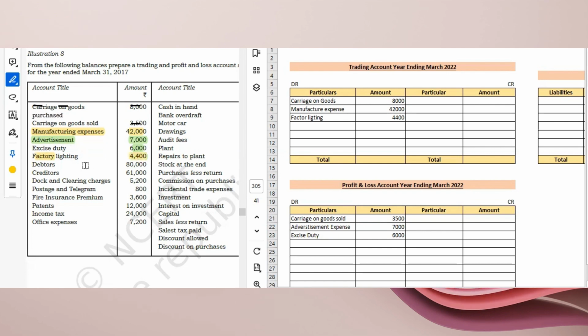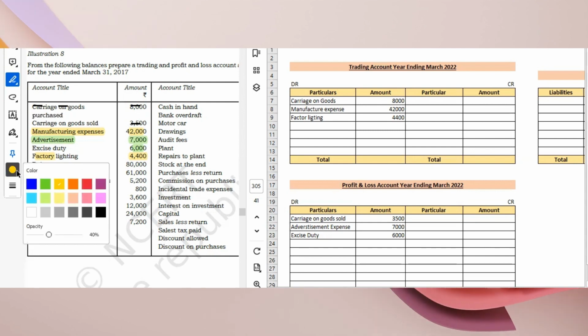So debtors. This is a balance sheet item. Why I'm telling you debtors is nothing but your customer. Why is it sitting here in the trial balance? Because this is an asset which the customer has to pay to us. We have made sales on credit basis, so we have to receive money from our customer, right? So this is under debtors.